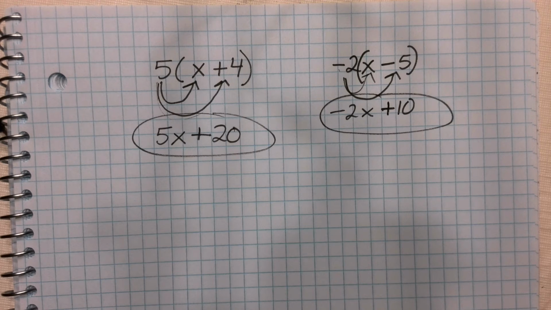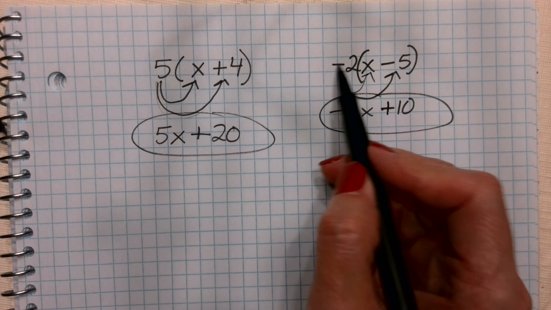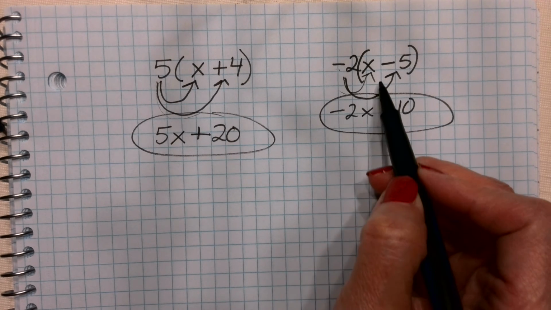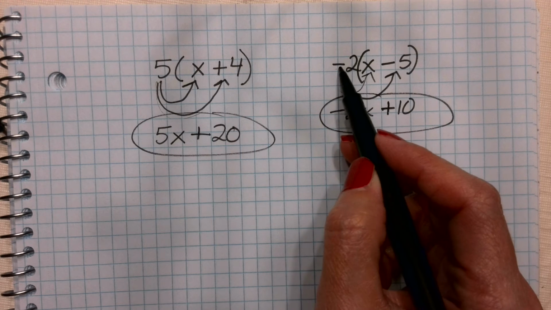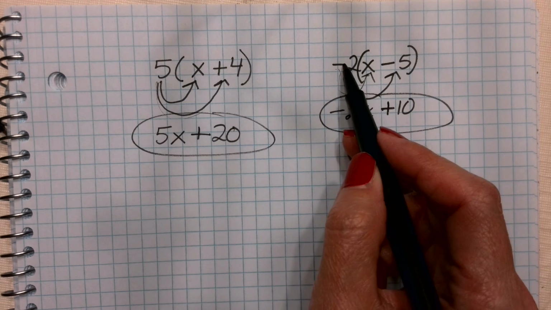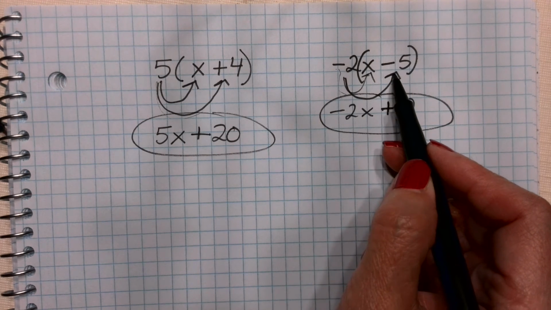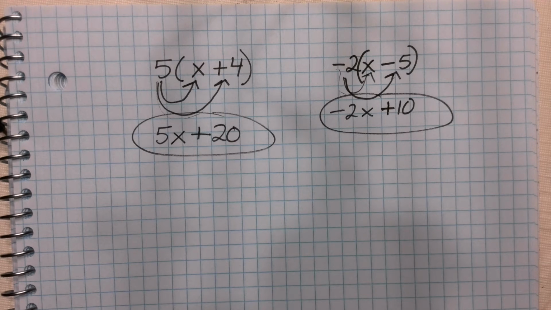And so that's how you would solve those problems. So when it has a negative outside, that negative is also distributed. So it's negative 2 times x and negative 2 times a negative 5, or minus 5. All right. So we're going to move on to solving one-step equations.